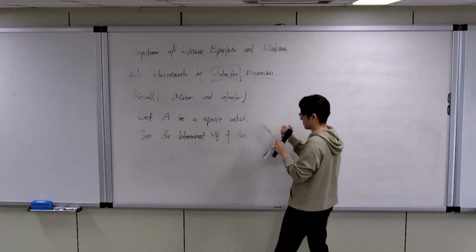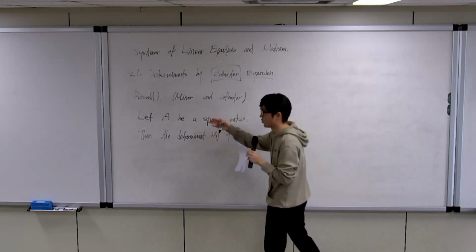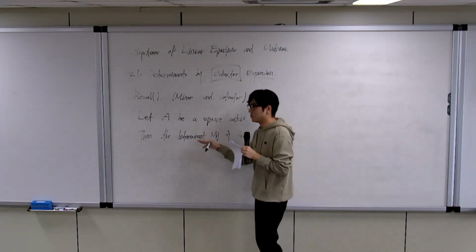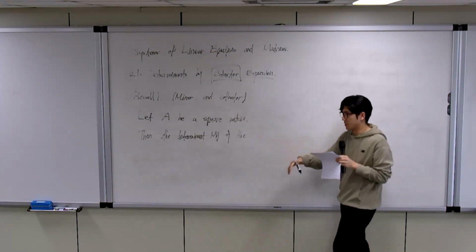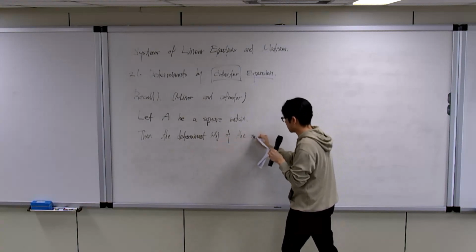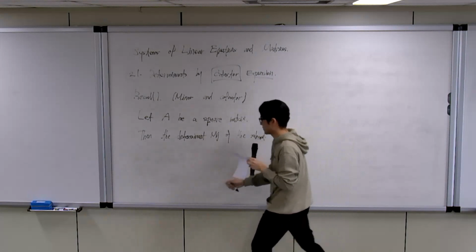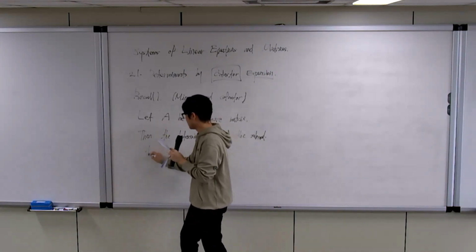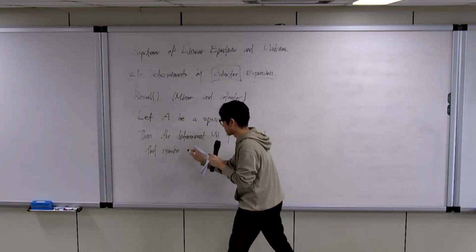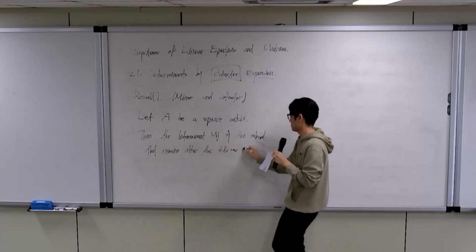We defined it inductively, so we will assume we know the lower level determinants. So the determinant of the minor, the submatrix, let me call it Mij, is the submatrix after removing the ith row and jth column.